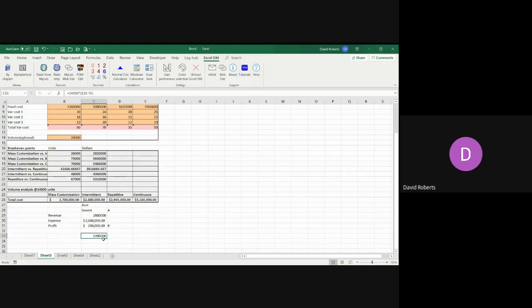And then you also need to subtract fixed costs. You wind up with the same number, whichever way works best for you. So you can calculate total revenue, total expenses, and in this case, you would have a $200,000 profit either way. All right.